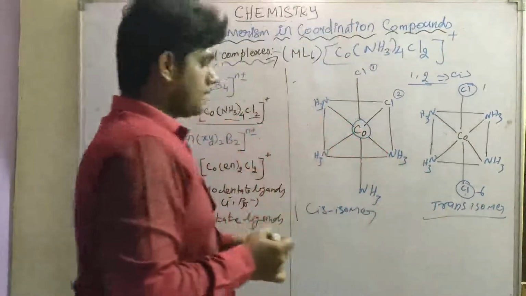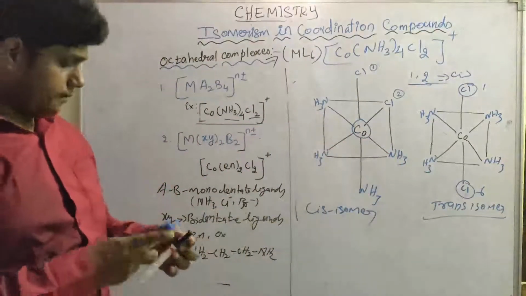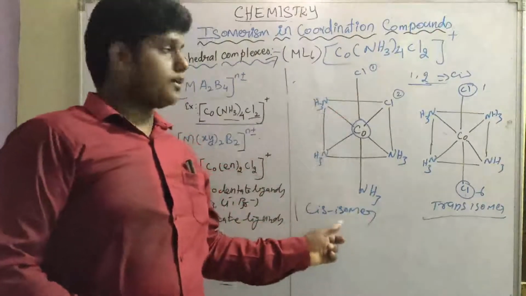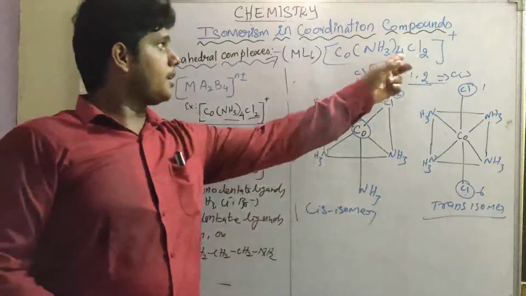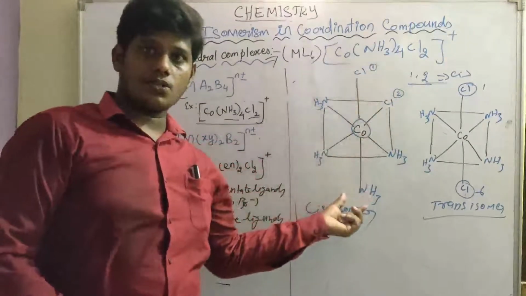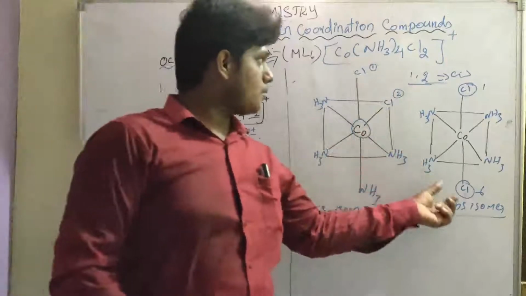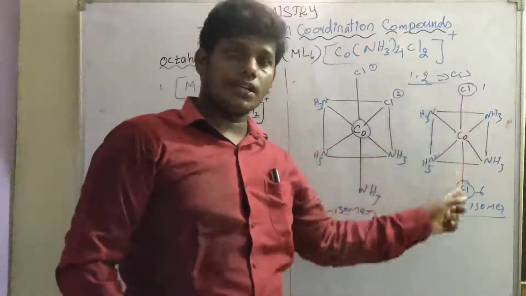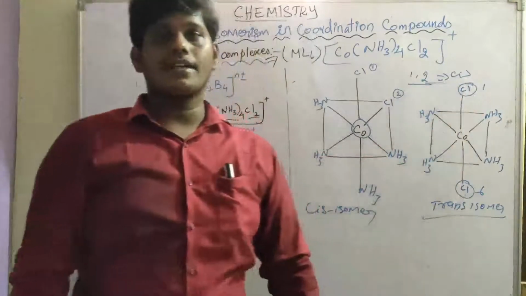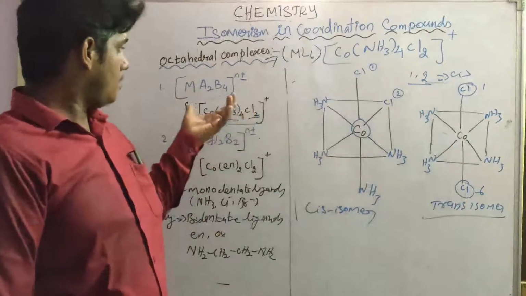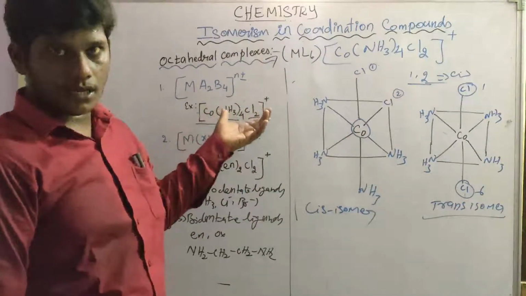In the cis isomer, the two similar ligands are at the 1, 2 position. In the trans isomer, similar ligands are attached in opposite directions, that means 180 degrees, 1 and 6. So these are cis and trans isomer examples for this complex with monodentate ligands.